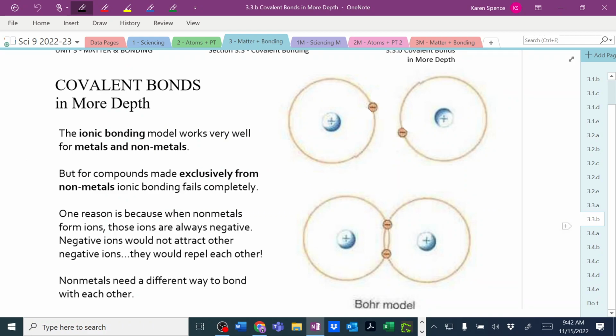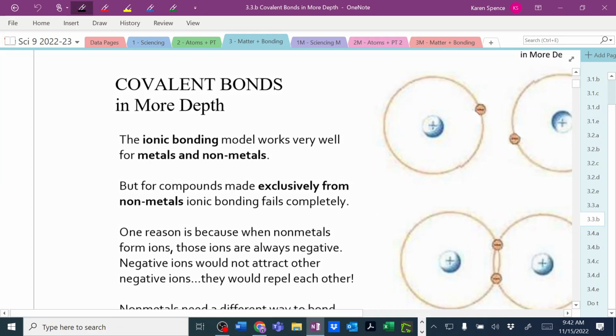All right. So, ionic bonding. It works super well for what types of elements? Who gets bonded by ionic bonding?